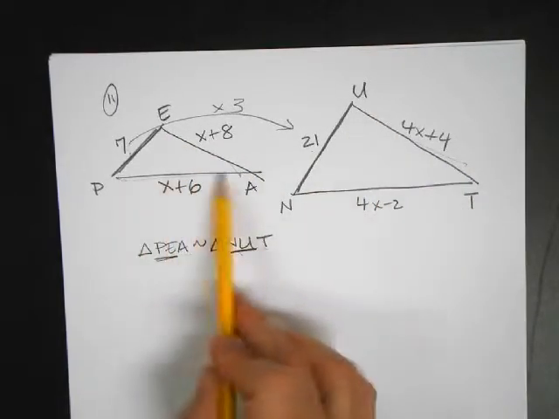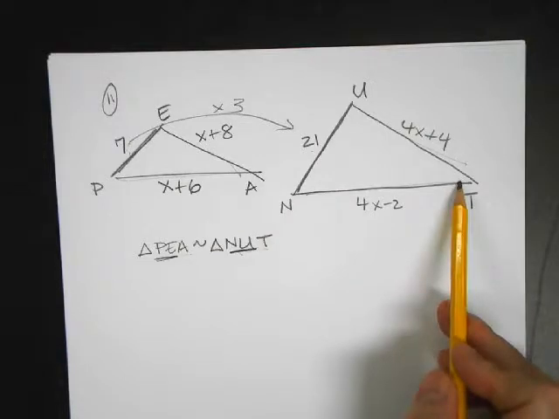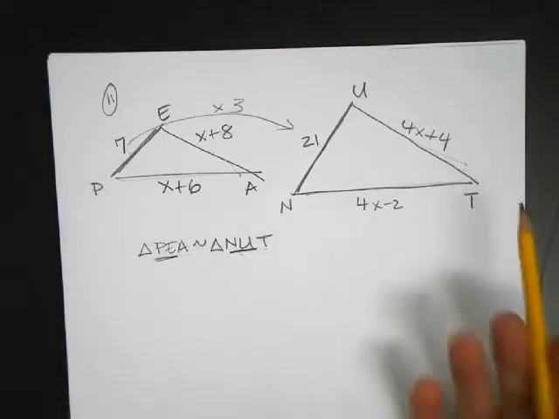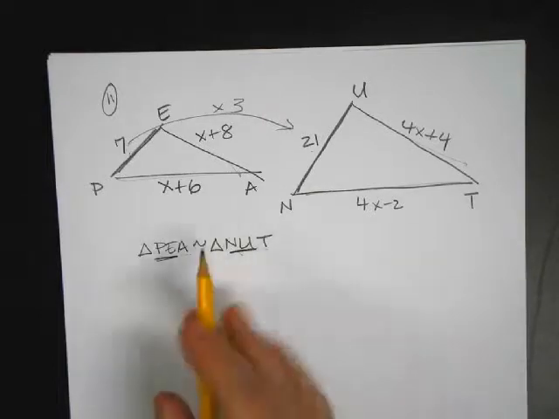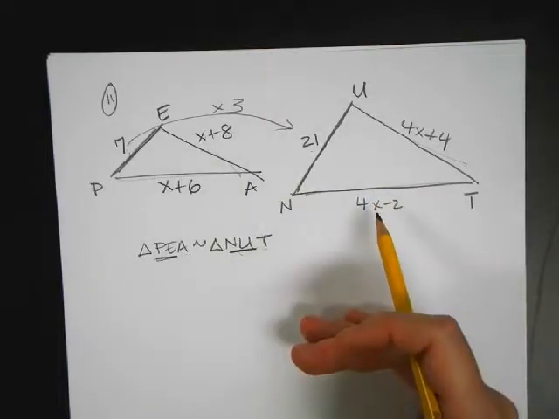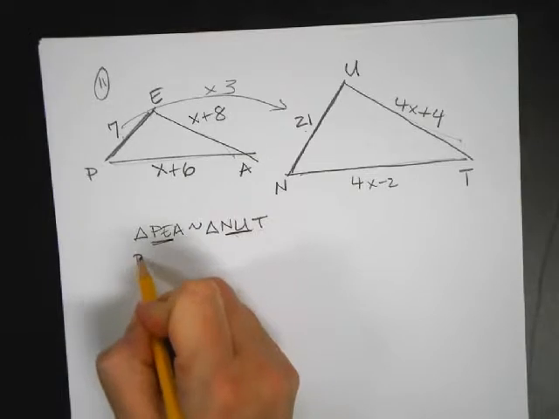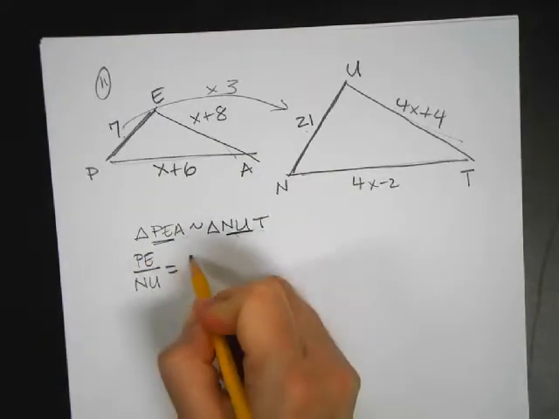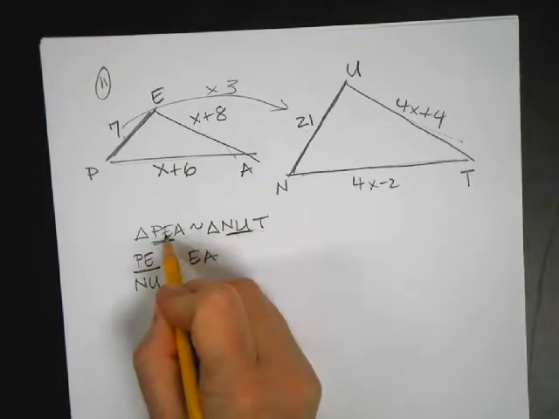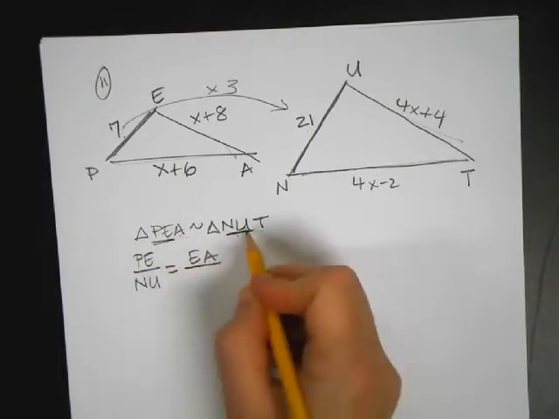If I multiply this side by 3, I'll get this. Okay, so I'm going to set this up the long way, but you can skip some of these steps and go straight to the proportion. So you could write out PE over NU equals EA over, second and third letter, UT.